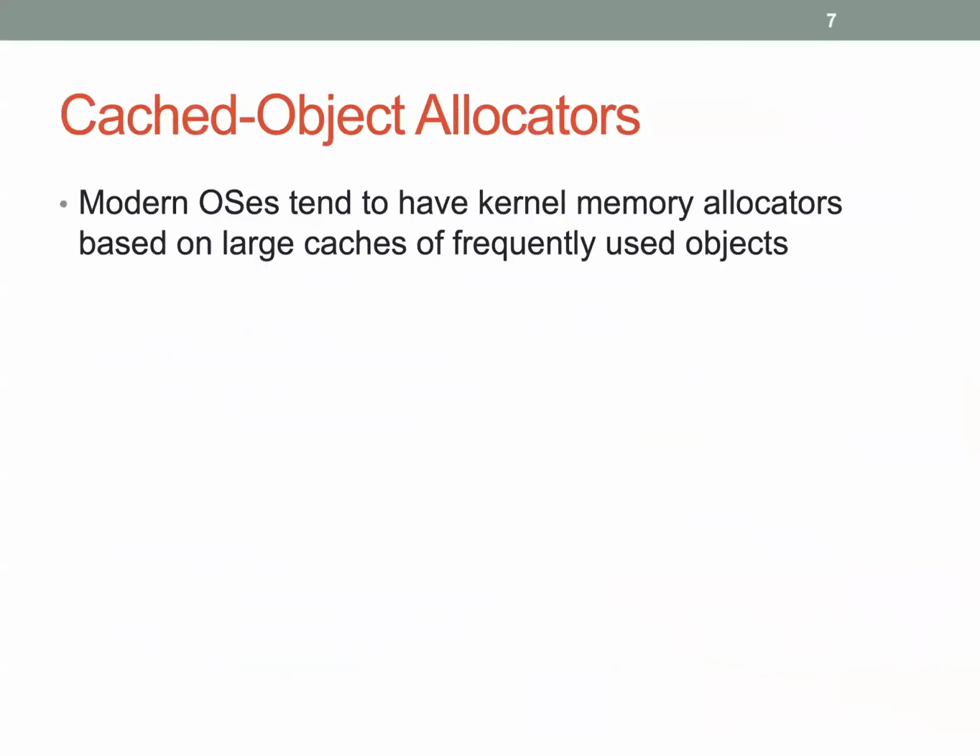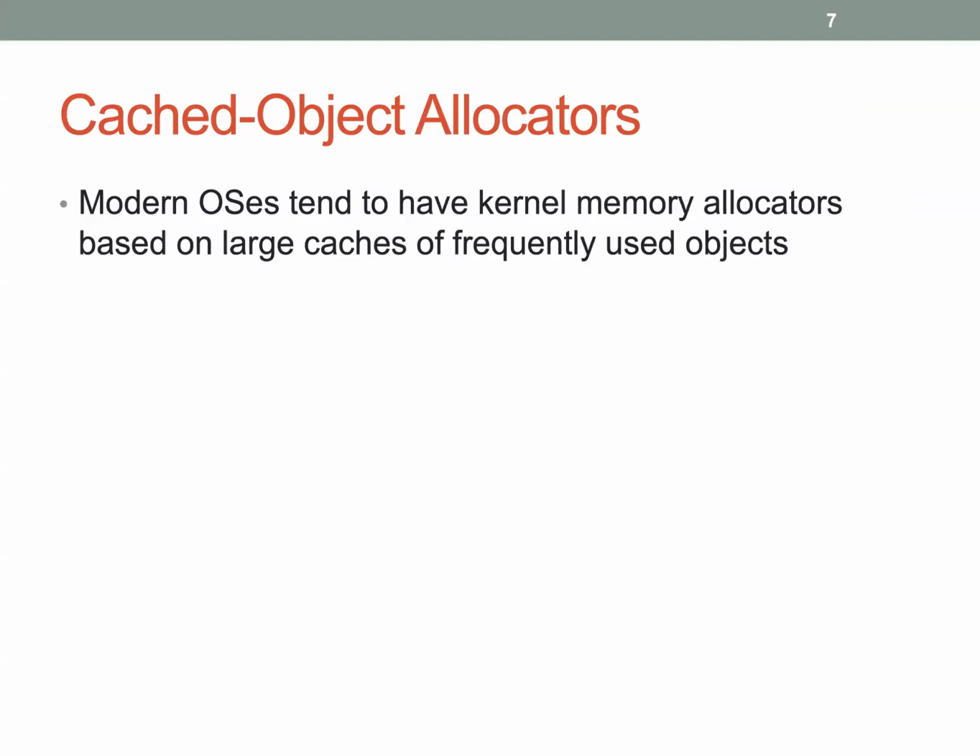Okay, the way that we tend to do memory management and memory allocations inside the kernel these days is using what is often called cached object allocators or pooled object allocators or sometimes object pool allocators. Basically, we recognize that there are a limited number of types used by the kernel. You've got your process control block. You've got your file struct, keeping track of the file details of an open file.